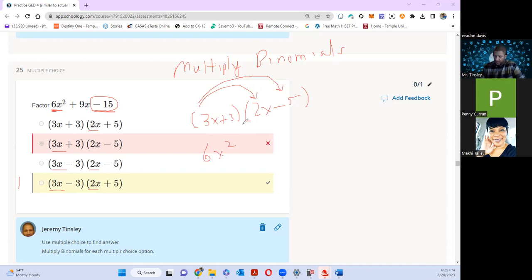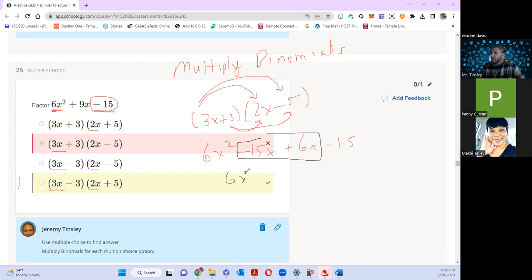Minus 15x. What's 3 times 2x? 6x. And then 3 times minus 5 is minus 15.